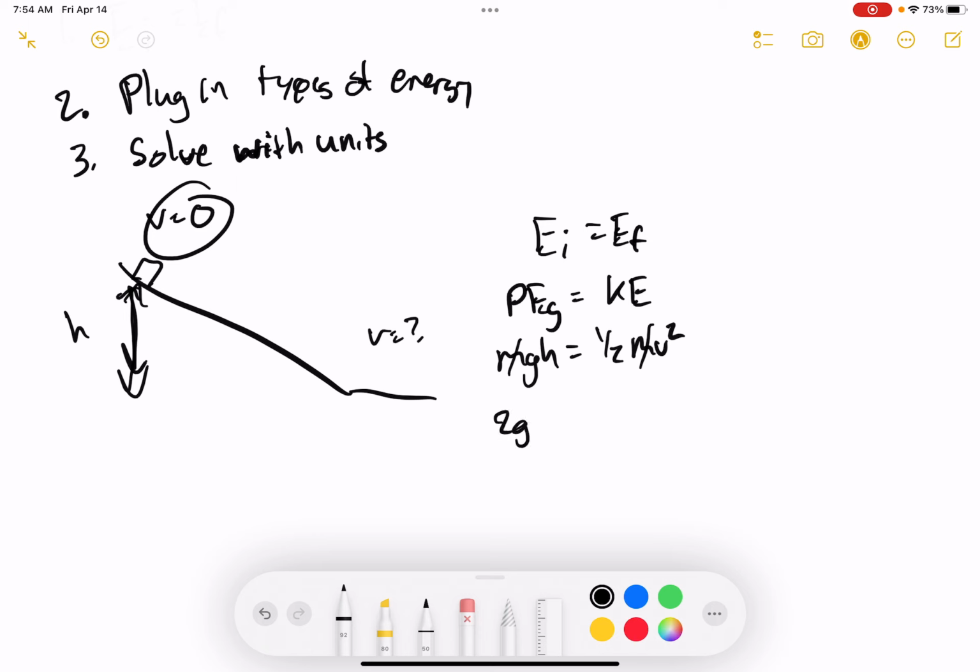So I have 2gh equals v squared, so v equals root 2gh. The nice thing about energy is that the path, maybe it's got some hills in there or something like that, the path doesn't matter. It's just the total change in height that actually matters for this scenario. So not too complicated. Hopefully that's something you have down pat pretty well.